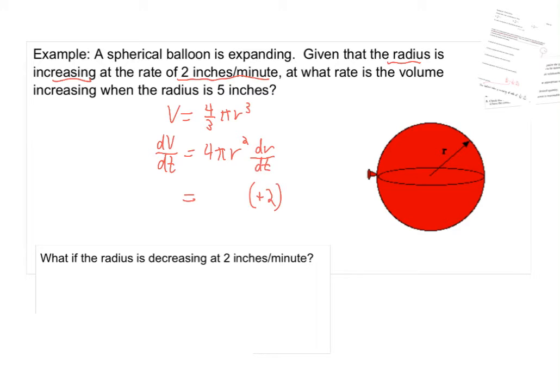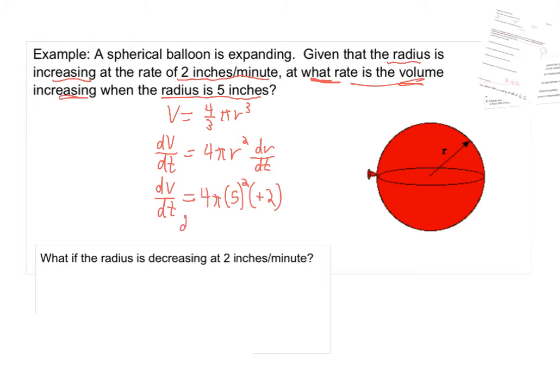And then it's asking at what rate is the volume increasing? So we don't know what dV/dt is. We're trying to solve for it, so I'll just write dV/dt again. When the radius is 5 inches, radius is r, which means I'll plug in 5 for r. And I'll copy all the other stuff I haven't dealt with.